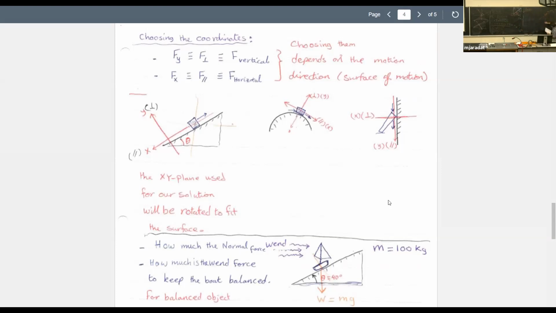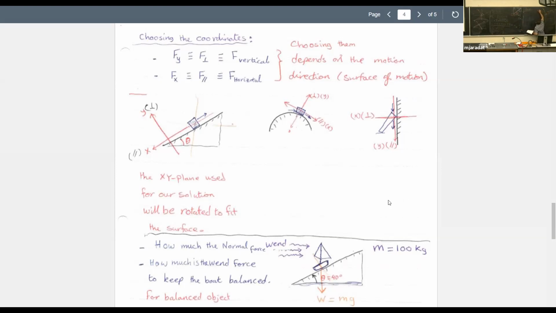We have a weight downward. We have a normal force. Do we have any friction force? No. We don't have any friction force, but we have a wind force.